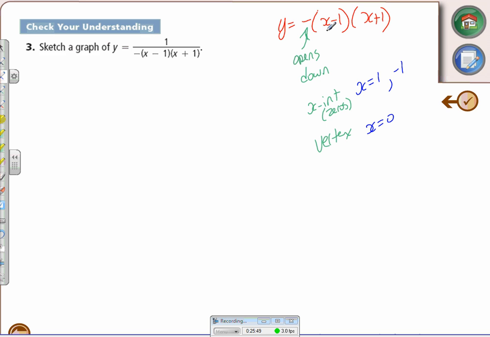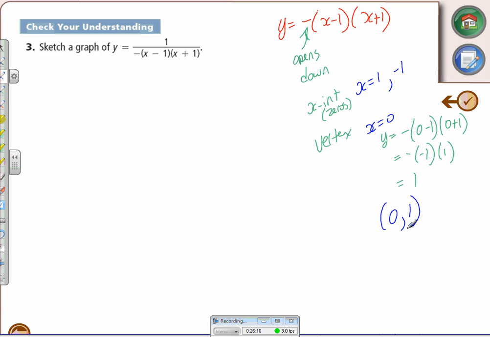Well, plug 0 back in and see what y value we get. So y equals -(0 minus 1)(0 plus 1), just -1 times 1, equals 1. So our vertex is going to be at (0, 1).